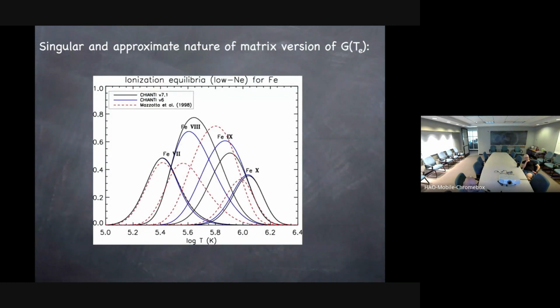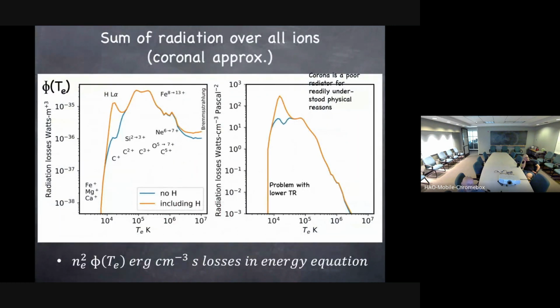In fact, I put iron 8 to 13 up here. The contributions to these things are mostly dominated by these trace elements here. That's because at low temperatures, hydrogen is not fully ionized, so you can get a lot of power out of hydrogen radiation.